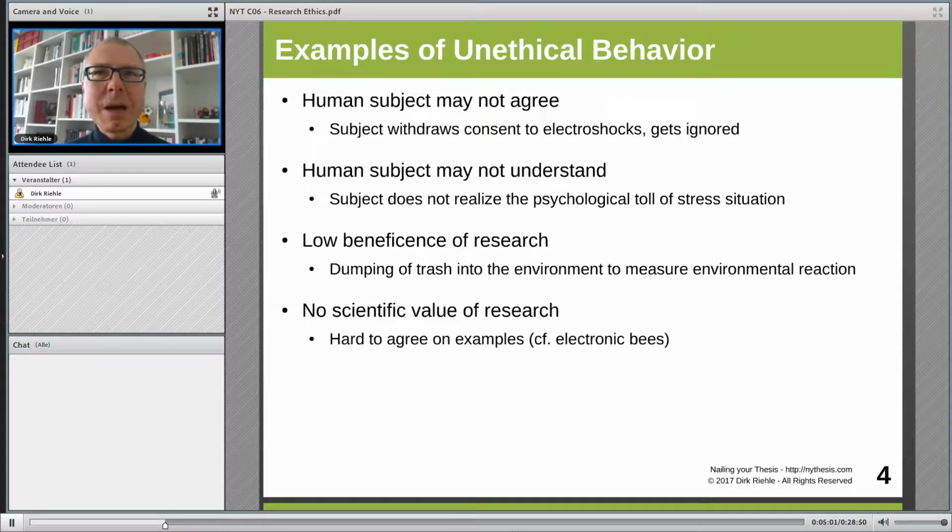A hilarious example in the United States a while ago was research into electronic bees, small robots that behaved like bees, which were totally torn apart by politicians, but actually showed to be providing significant value on the computer science and autonomous robot research level.